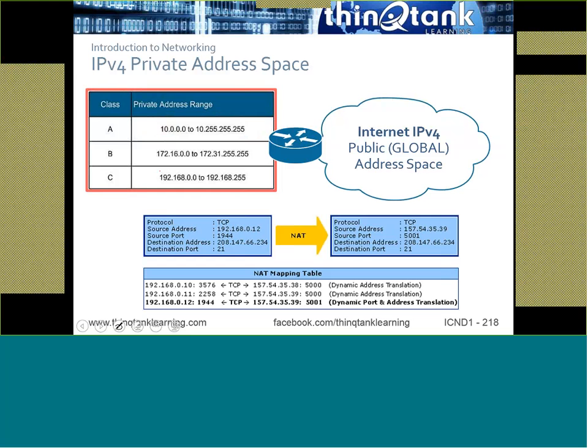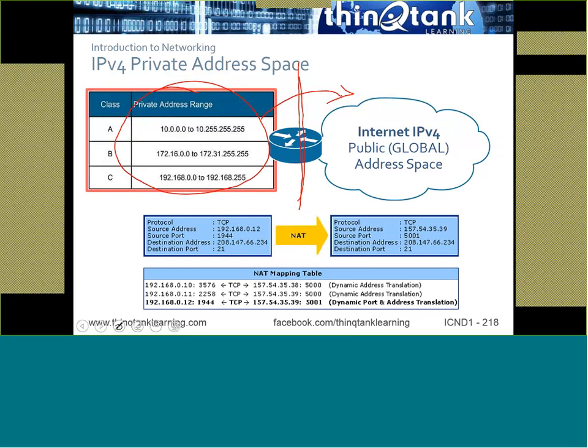So this concept of network address translation is to take our private address range and at some boundary, usually a device that's connected to the internet, we do a translation to some public address space. There are three ways to do this translation. You have static NAT translation, where you're doing a one-to-one type of NAT.